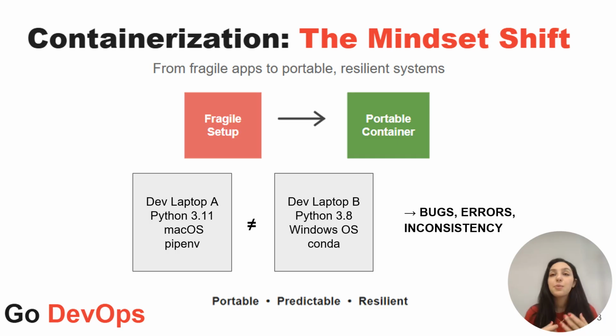So it's what happens when the app and its dependencies behave differently in each setup, because every setup is slightly different. So now scale that to a team of 20 developers or a global company deploying across test, staging, and production servers with different operating systems, libraries, network configuration, and security rules.